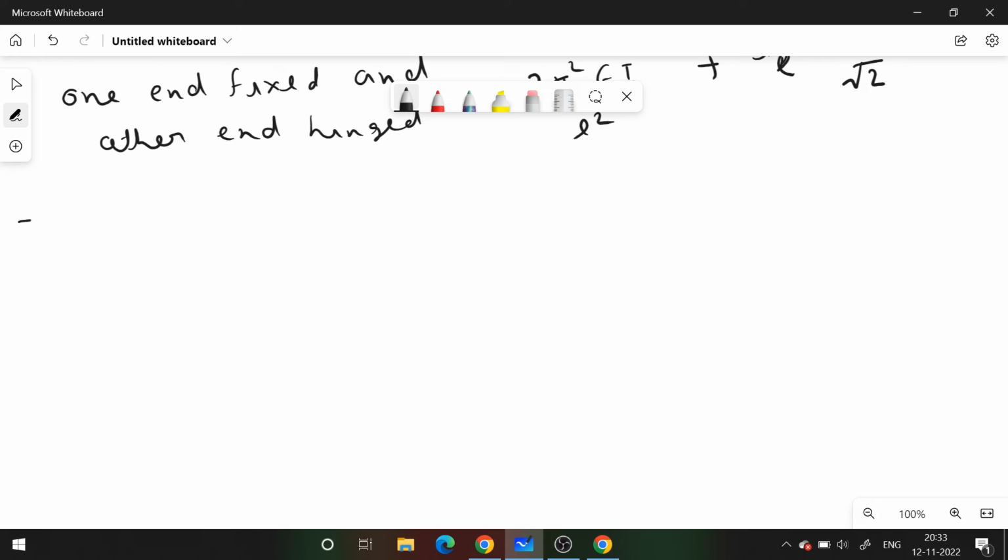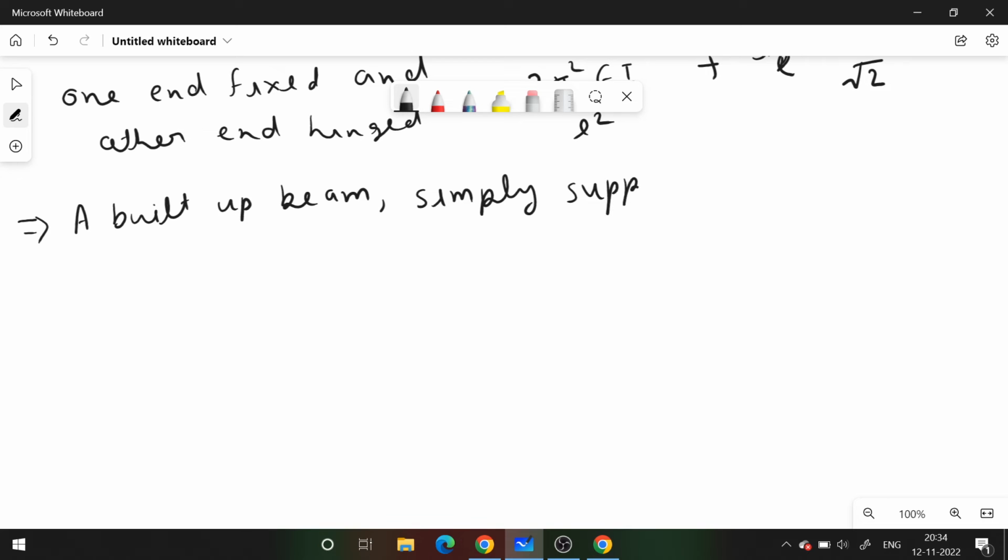Now, a built-up beam which is simply supported at its ends.